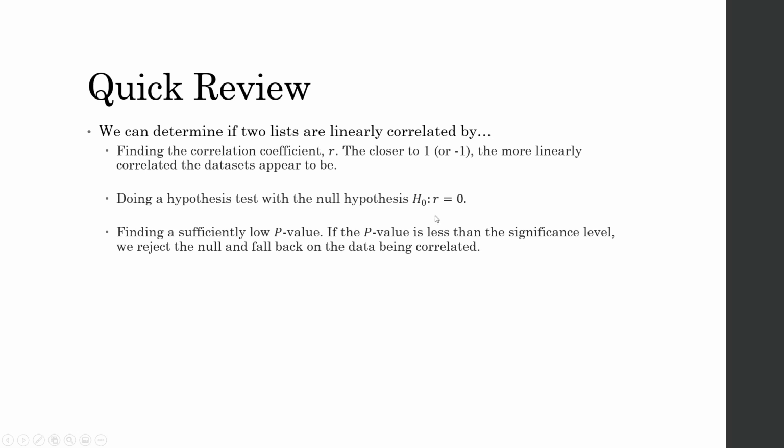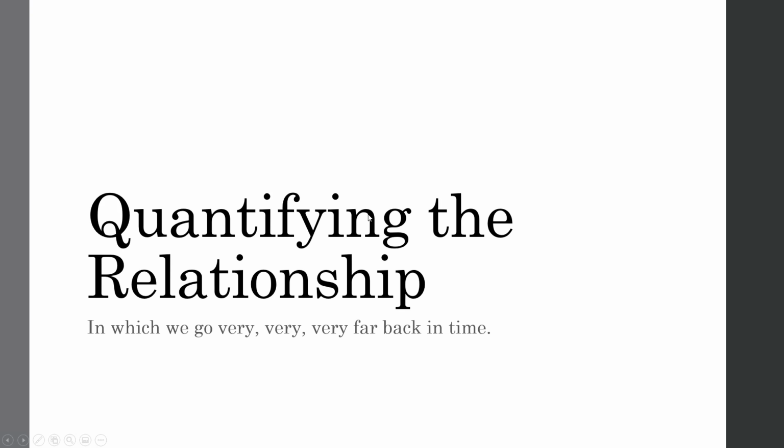Because rejecting R equaling 0 means we reject there not being correlation. And if you'll forgive me for saying that, this means there is not no correlation. So forget the double negative there. We're able to say there is correlation. And that's how we determined whether or not two data sets had a linear relationship.